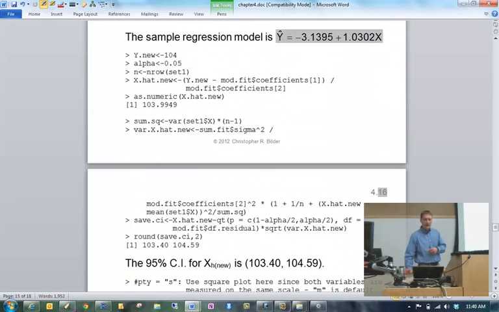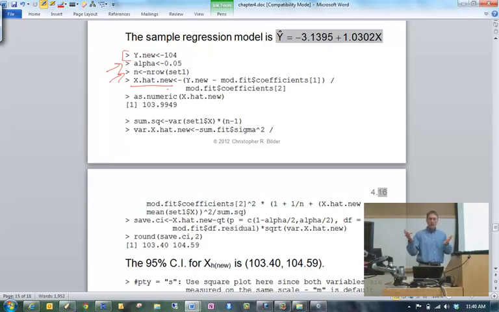Okay, now let's do this inverse prediction. Unfortunately, there's not a function in R that will automatically do it for us. So this is where we're left with simply programming in the corresponding equations. To begin with, let's define what y is: 104. I'm going to use an alpha level of 0.05, find my sample size, and then find x hat.